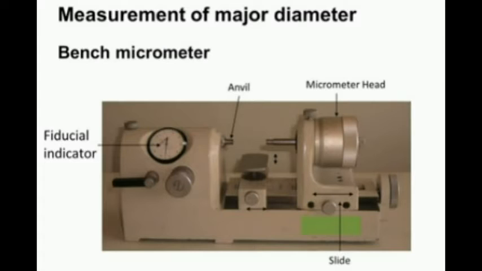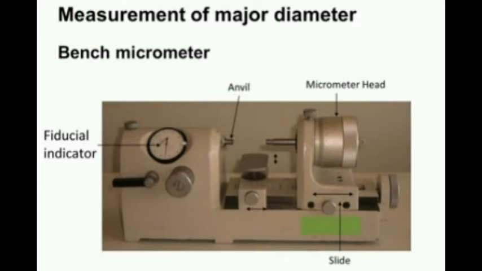We can see a fiducial indicator. This will indicate what is the pressure or force applied on the workpiece. If we over-pressurize the crest of the thread, the anvils will try to crush the crest, so we don't get a proper reading.